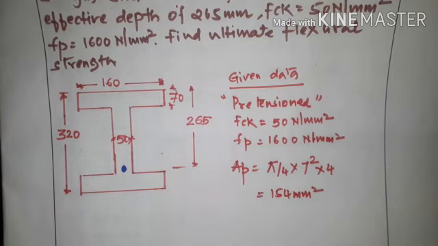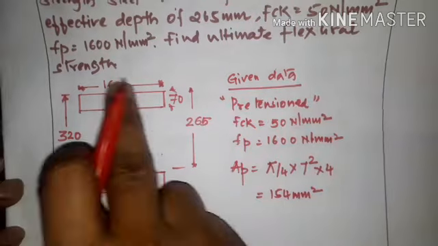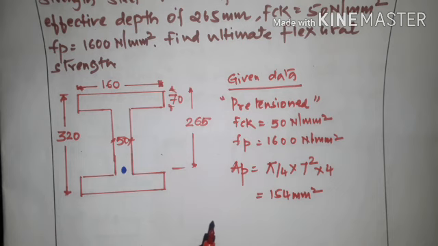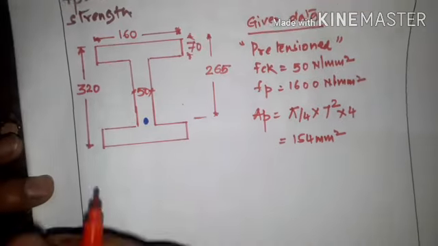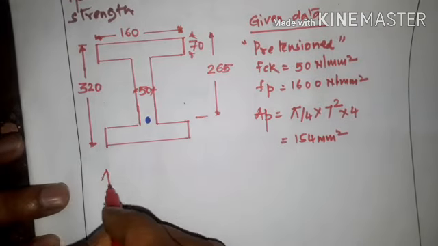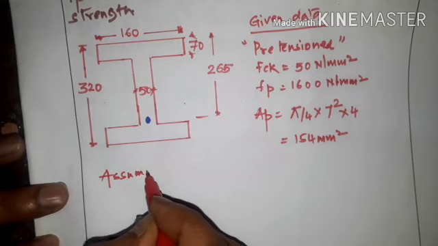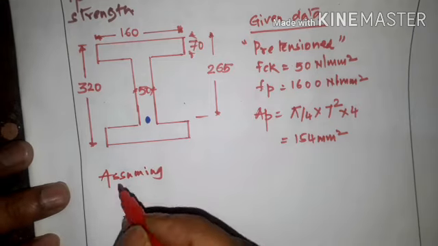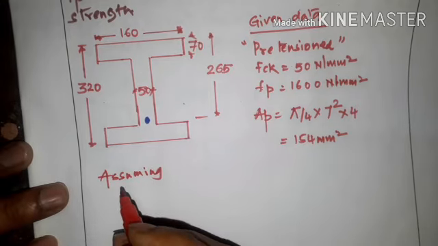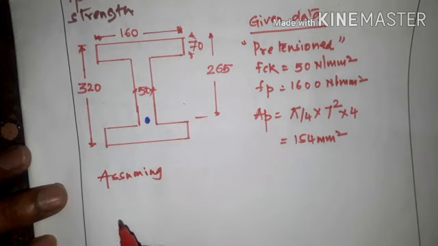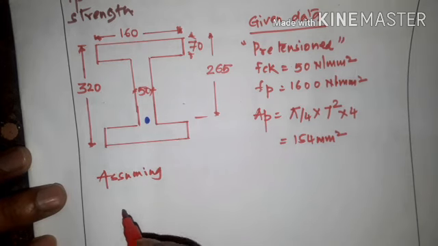Now it is a flanged section, so again we have to assume whether the depth of neutral axis is within the flange or outside the flange. What you assume, later on you have to check again whether our assumption is right or wrong.